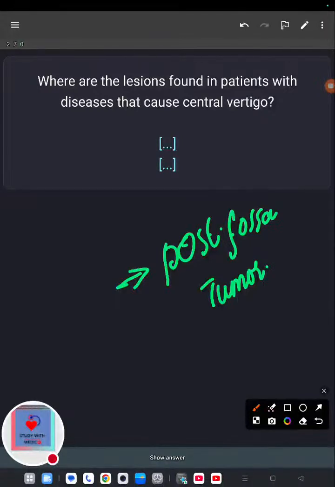Posterior fossa tumor. Which disease causes a posterior fossa tumor? Posterior fossa tumor, and stroke in the patient, and demyelinating diseases.